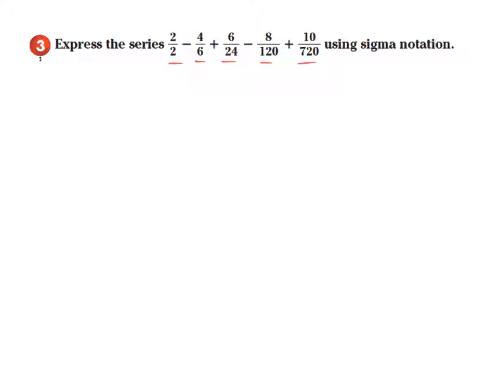What else is going on? It's alternating, right? This is plus, this is minus, this is plus, this is minus. So already if I go to write sigma notation, I know that I'm going to have to do some sort of alternating something. So it's going to be either (-1)^n or (-1)^(n+1).